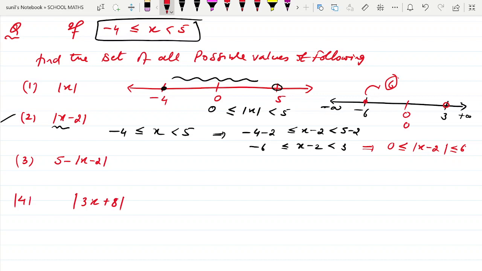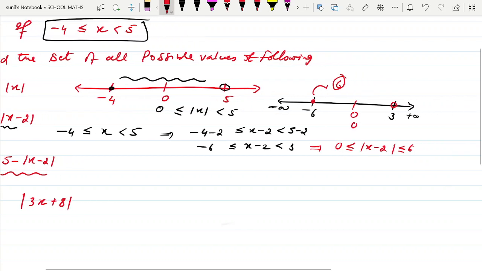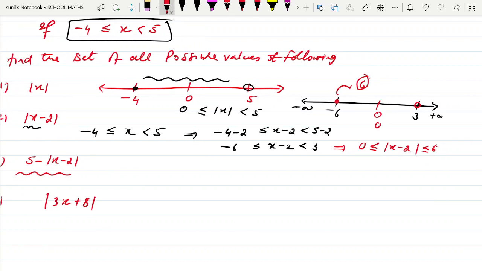Now in this case, we have to find the possible values of 5 minus mod x minus 2. Since we have already found that mod x minus 2 is lying between 0 and 6, if I multiply by a minus sign, the inequality will reverse. That is, minus mod x minus 2 is greater than or equal to -6. Next, I will add 5.